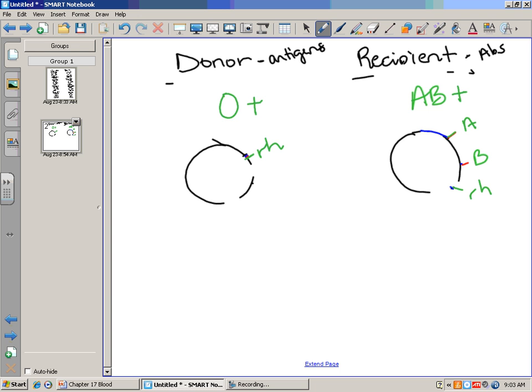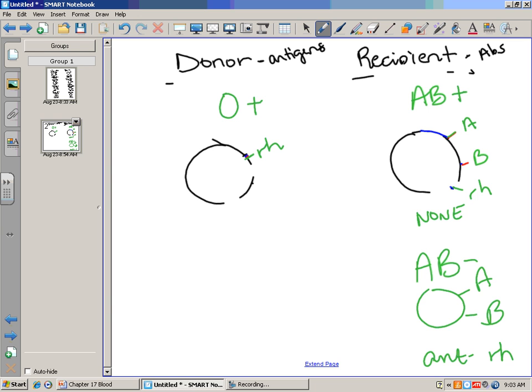AB and RH, right? What antibodies do I have? None. So can this happen? Yes. If I changed it to an AB negative recipient, can that transfusion happen? No. Some of you can predict it, right? Because he's going to have A's and B's and no RH, so he's got anti-RH. So that transfusion can't happen.